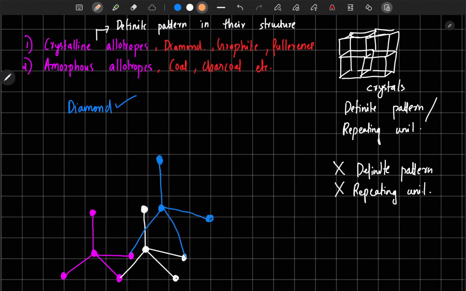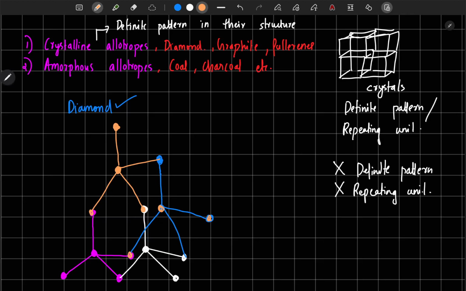For your understanding I will change the color. This carbon is bonded to this carbon. See, this is the three-dimensional structure of diamond. You just need to understand it has a three-dimensional structure, that means it extends in all directions. All these dots, all these balls, are carbons, all the same carbons. Just for your understanding, I have made them in different colors.